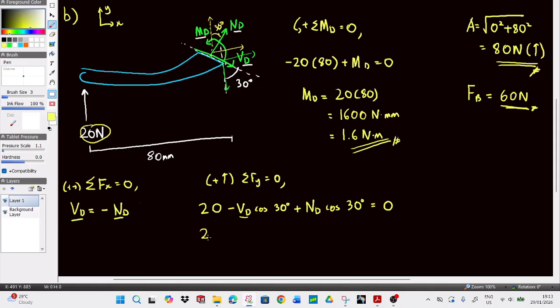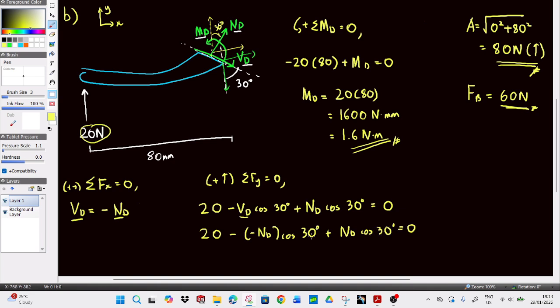So it becomes 20 minus negative ND cosine 30 plus ND cosine 30 equals 0.